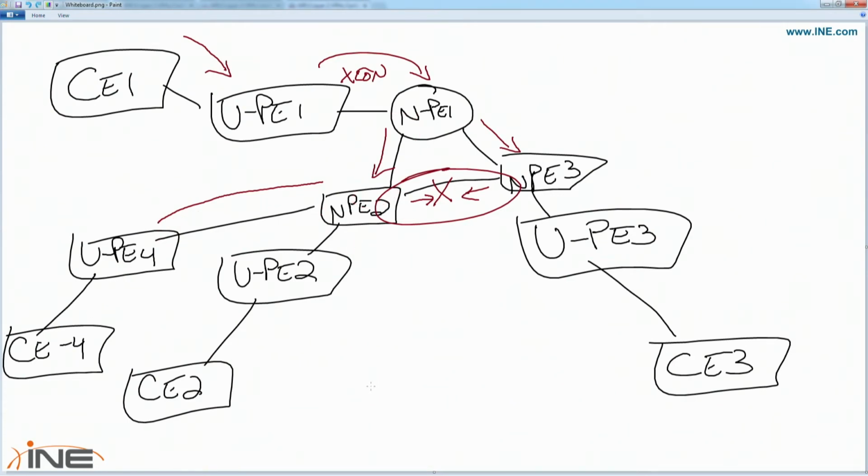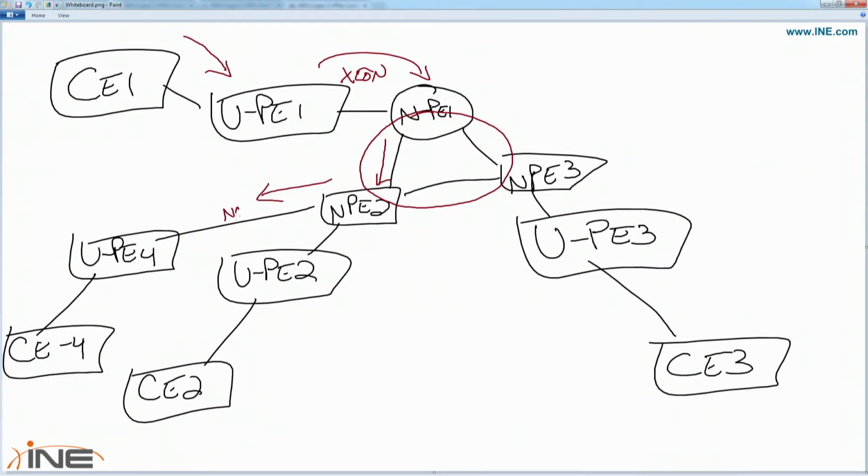And specifically in this case, it would need to be enabled on these three circuits here in the core of a full mesh. But we want to be able to receive traffic in this circuit and forward it out that one. That's why this is the one that has to have no split horizon enabled, or split horizon disabled, I should say.